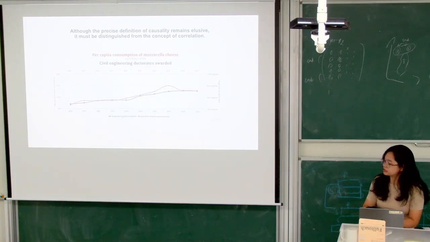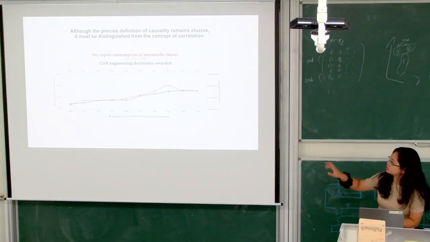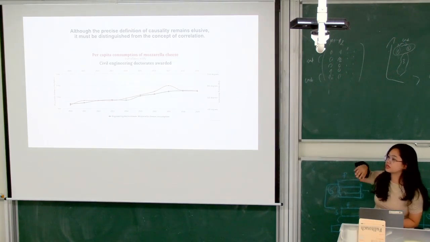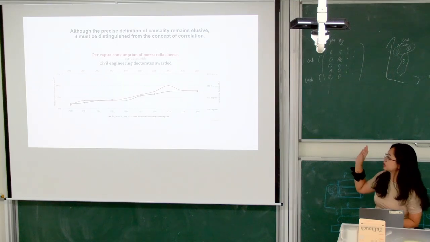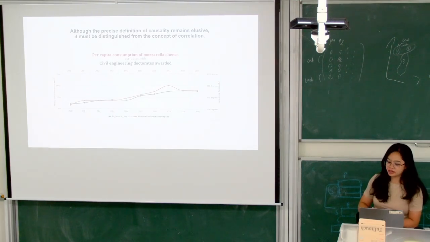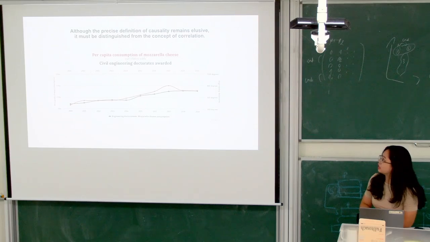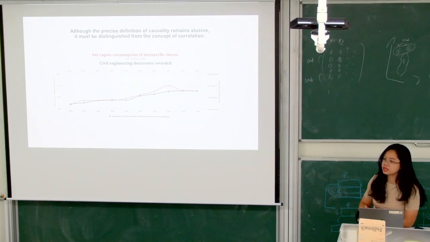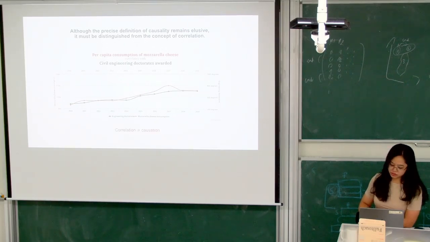As you can see from this graph, there are two variables: the consumption of cheese and civil engineering doctorates awarded. If you look at the trend, they're very similar. They're both increasing, and the amount of increase is similar all throughout time. However, definitely one variable here cannot cause the other. So that's why it's important that we distinguish these concepts. Basically, correlation is not causation.